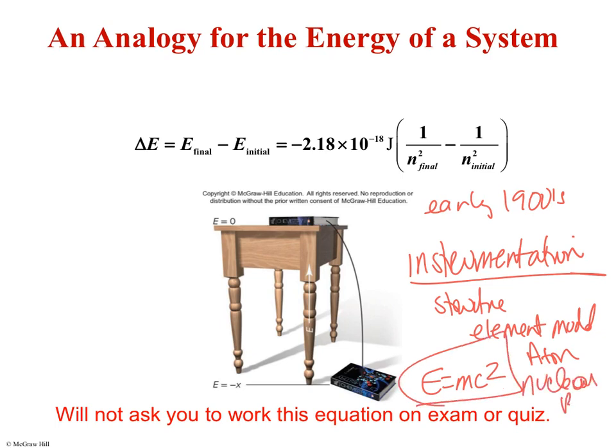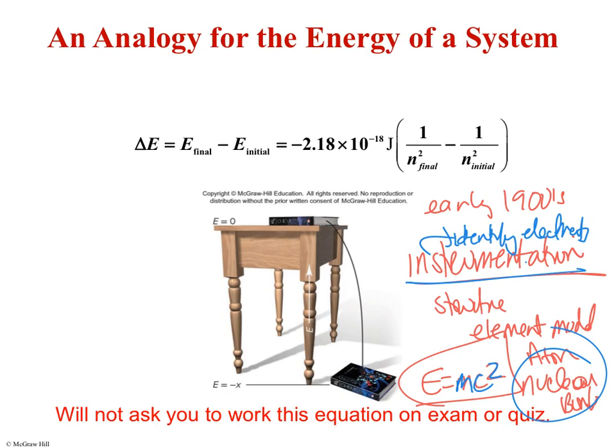Okay, the nuclear bomb. Have you seen that? That's mass. E is the energy. C is the speed of light squared. So the nuclear bomb came out of this energy. And also the instrumentation, we can identify substances. We can identify elements and substances because of these different diffraction patterns.